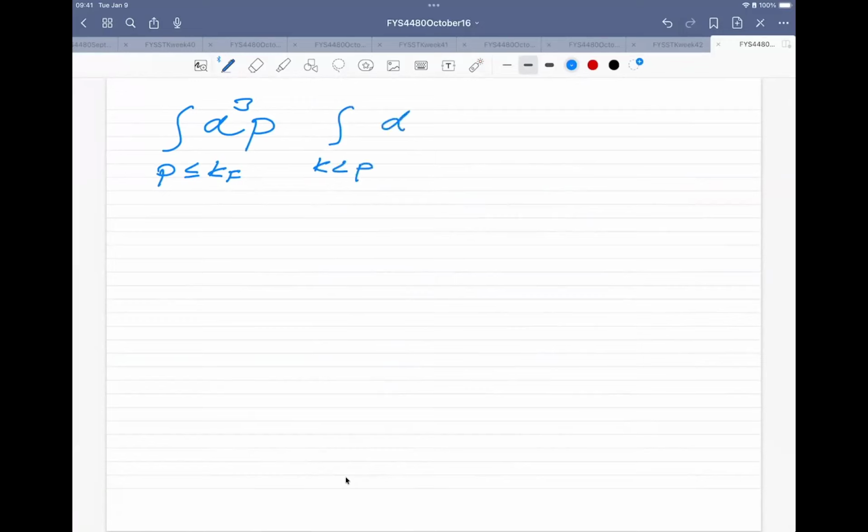And then I'm going to have a dk, k squared. And then obviously I get a 2 pi from one of the angles. But since I'm using cosine theta instead of sine theta, which goes from 0 to pi, I'm changing variables. So I get an integration limit from -1 to +1. And then I have this du.